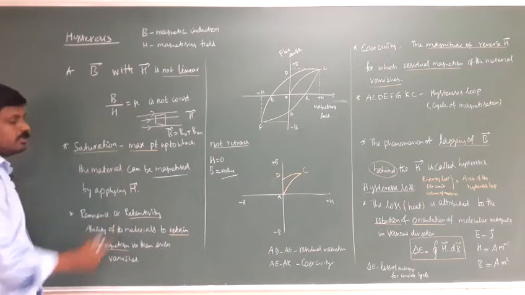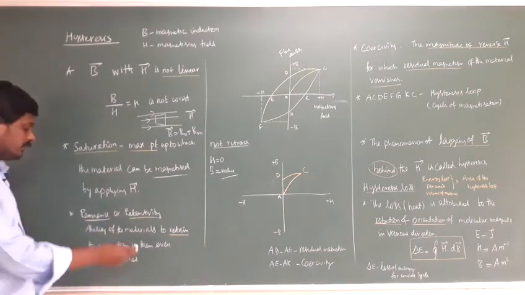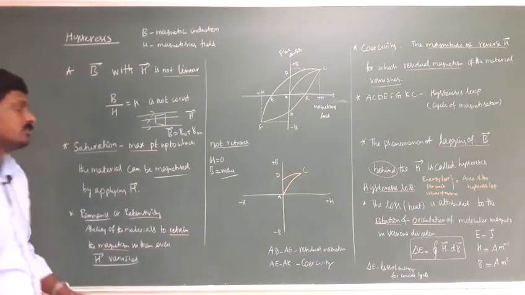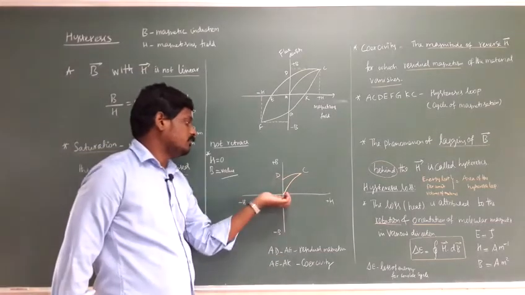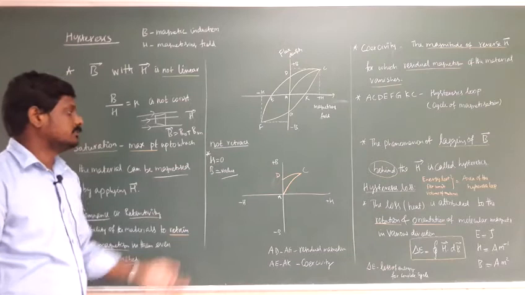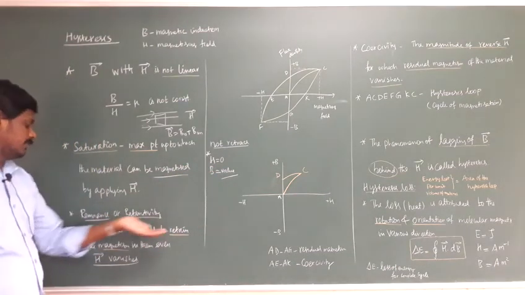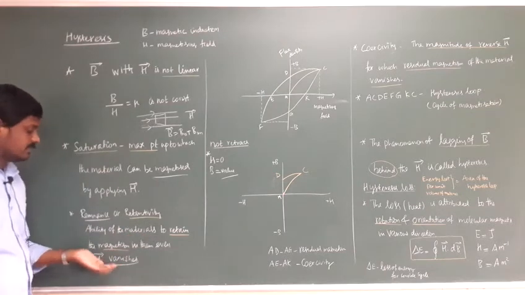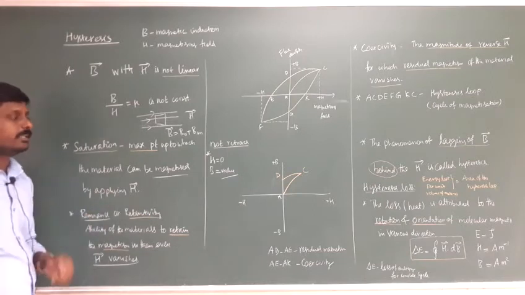That is the second concept, retentivity or remnance. It is the ability of a material to retain magnetism even when the magnetizing field vanishes. I reduced the magnetizing field to 0, but the material still has a magnetic induction. That residual magnetism is the remnance, or retentivity, of the material.